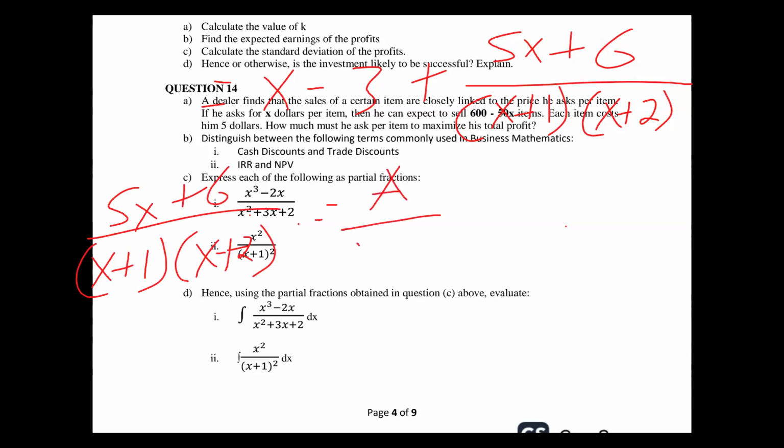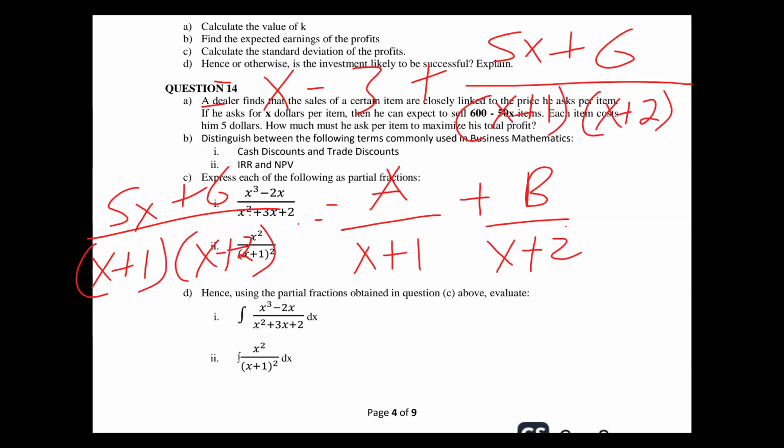This will be A over x plus 1, plus the other one will be B over x plus 2. Isn't it? This is the exact thing that you have been following when we have been looking at partial fractions.